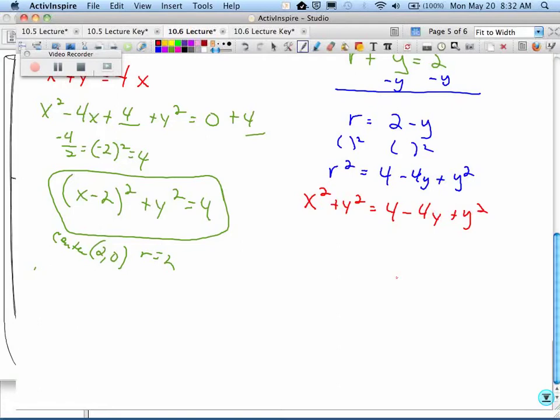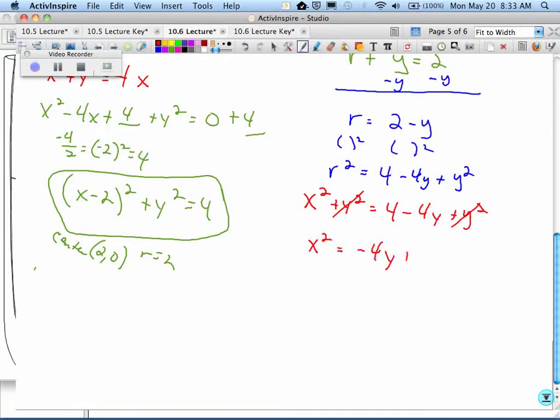Subtract the y. That's the point. So y squareds are on both sides of the equation. Get rid of them. To set this up, I also reversed the order on the 4 and the y. So I'm bringing the negative 4y out to the front plus the 4.